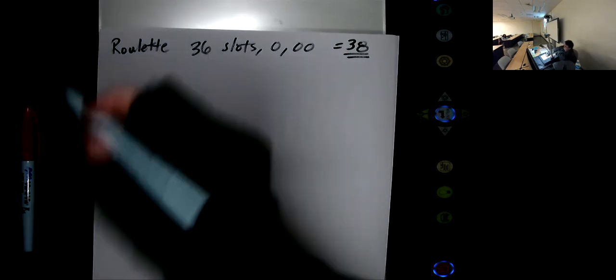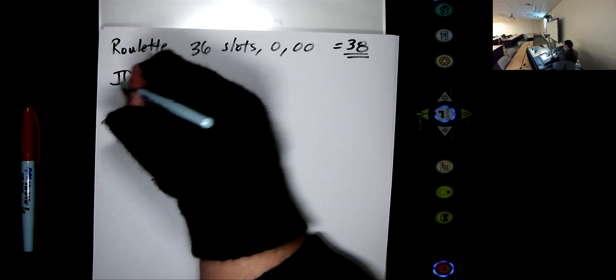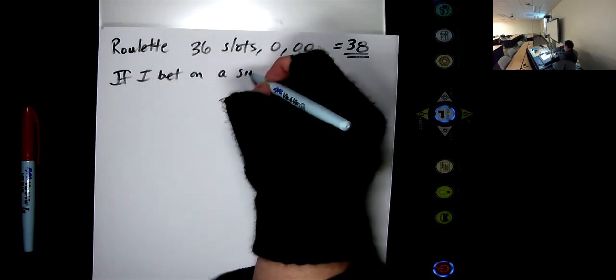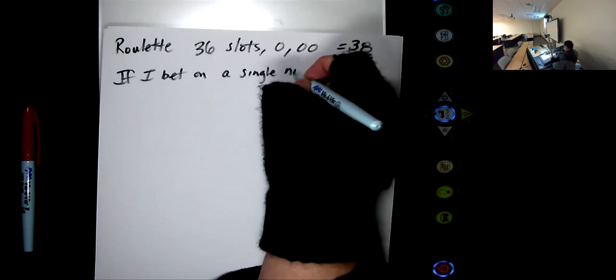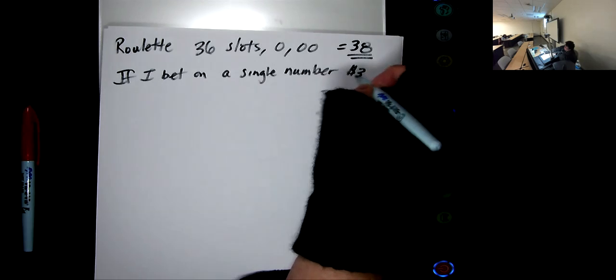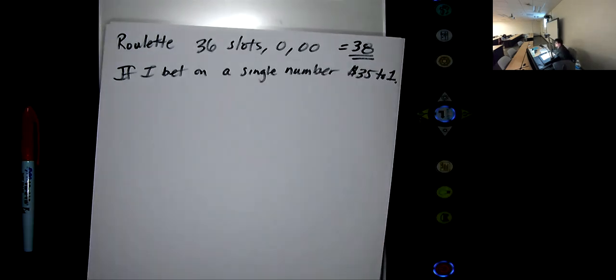If you bet on a single number, it pays $35 to 1. You bet $1, you win $35 if it hits that number. Not bad. It doesn't hit that often when you bet on one number.